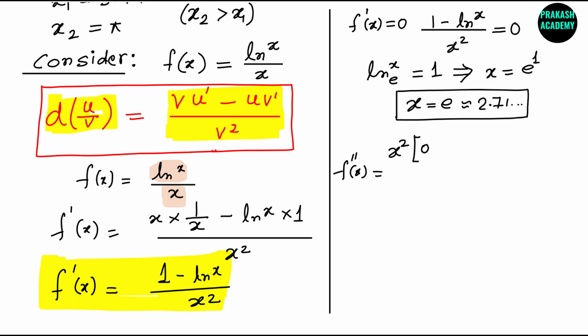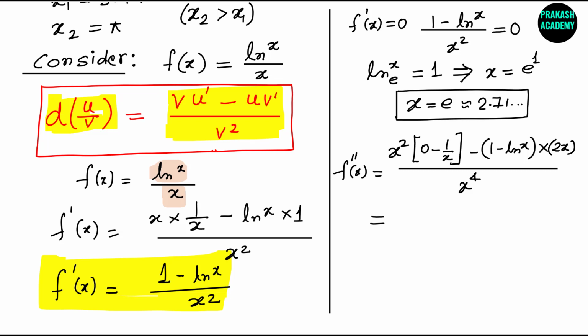Differentiation of 1 is 0, minus differentiation of ln x which is 1 by x, minus I leave the numerator, 1 minus ln x, and differentiate the denominator x square, which is 2x, and this is divided by x square whole square, so this will become x4. So if I simplify, this will be minus x minus 2x, and minus minus plus 2x times ln x divided by x4.